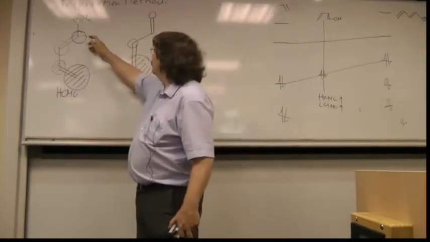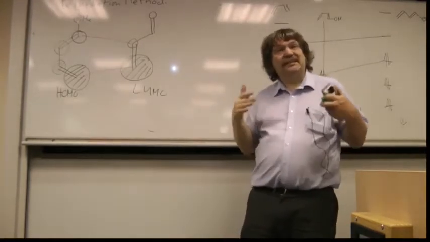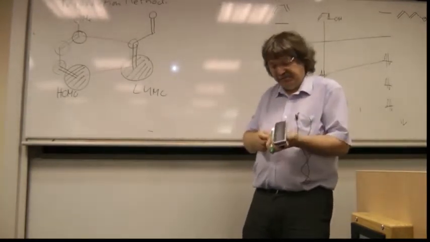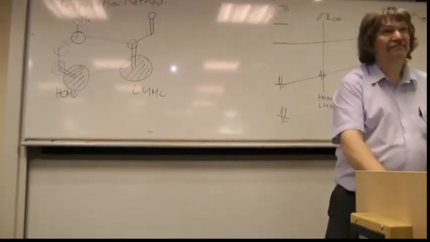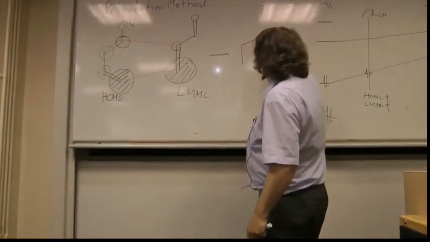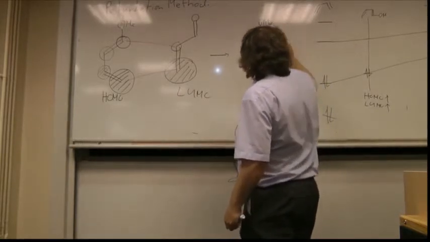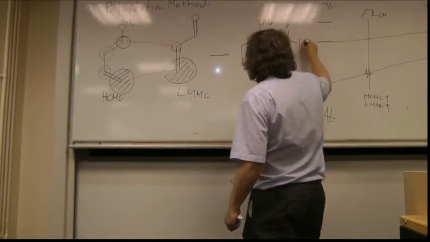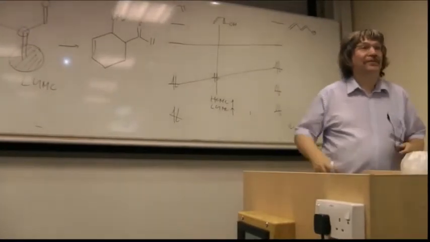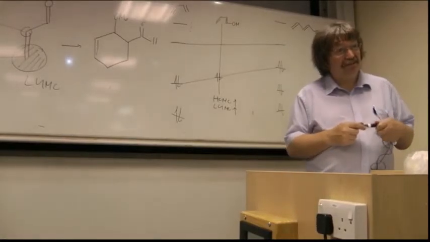Okay? And obviously your other bond has to form there. I should say, when I say you pick the largest lobes, it has to be consistent with your curly arrow mechanism and your allowed process. So therefore you get, as your product, the so-called ortho product, where your two substituents are close to each other.